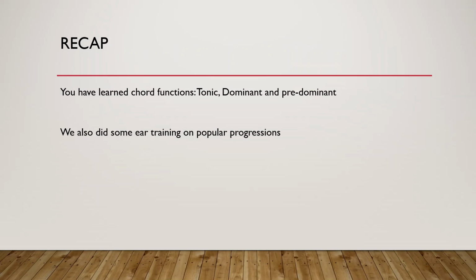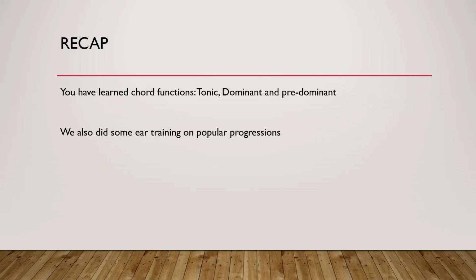So this actually was the lesson already. You've learned the chord functions, tonic, dominant and predominant, and we also did some ear training on these popular progressions, on the cadences. And in the next lesson we will add more to this, but I want it to be understandable.